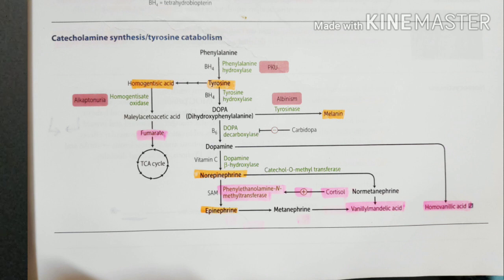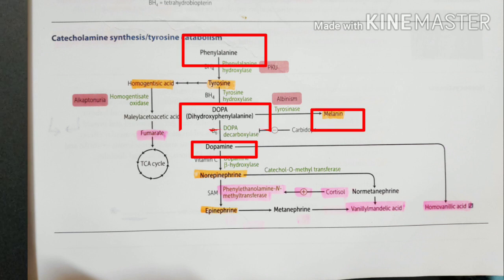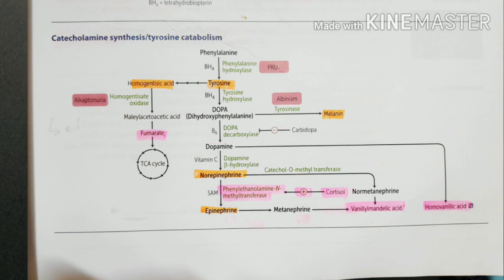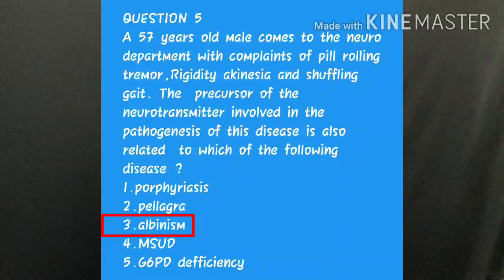Now you can see dopa here, with the help of the enzyme tyrosinase, forms melanin. So of course the answer over here is albinism, melanin deficiency, which causes albinism. Whether the disease is absence of melanin, that is albinism, or lack of dopamine, that is Parkinson's, the precursor to both diseases is phenylalanine. That is what the question is asking.